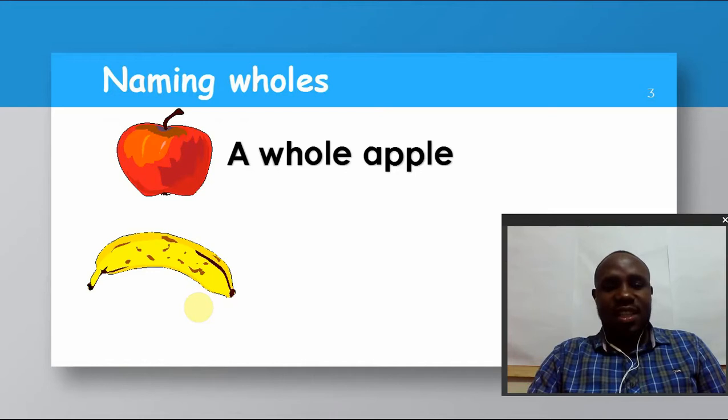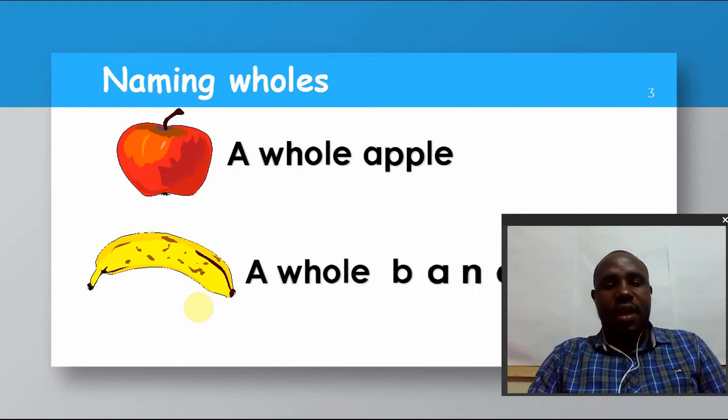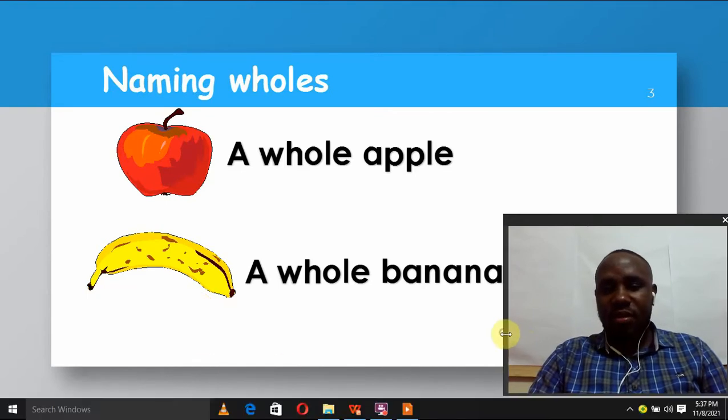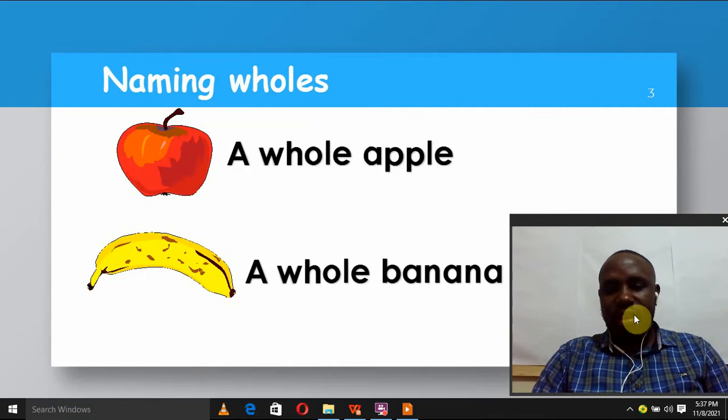Let's go next. It is a whole banana. The banana is there, and that banana is a whole. Therefore, I can say I have a whole banana, as you can see.